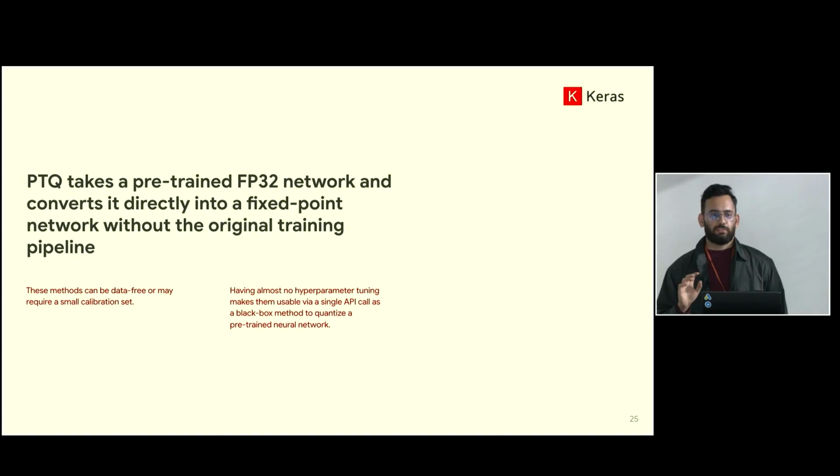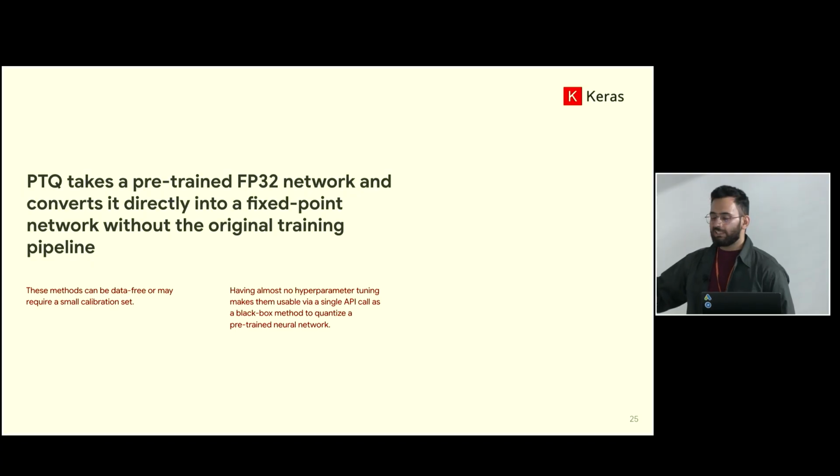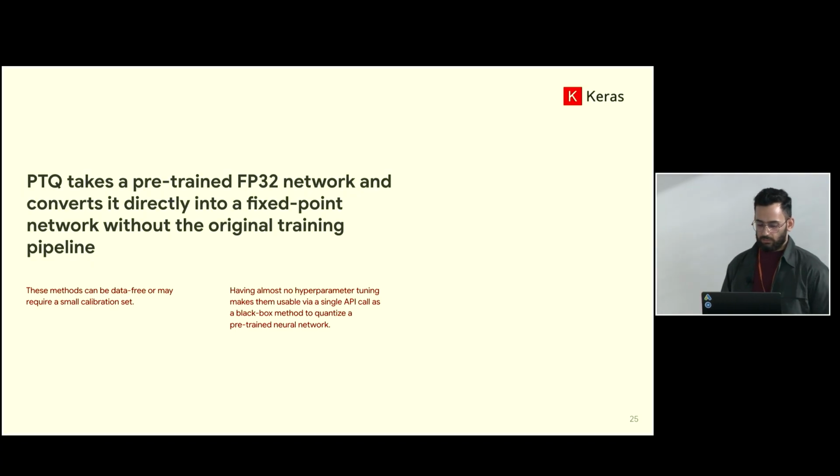You don't require access to any kind of training data here. And there are ways where you can require a small calibration set in exchange for better accuracy. So these can be data-free, or these can sometimes require a calibration set. And they usually require no hyperparameter tuning here, because it's usually just as simple as a single API call. So it's pretty intuitive, pretty easy to actually use.